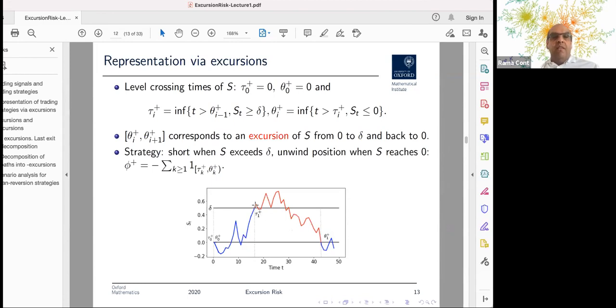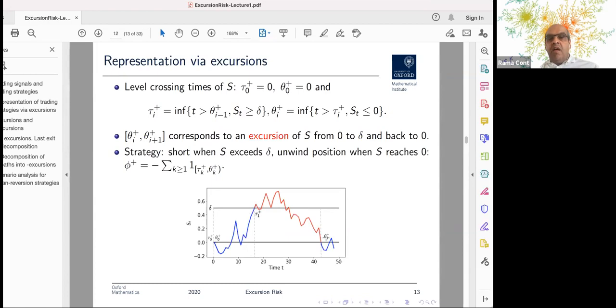To define the portfolio, you just need to define these level crossing times. Here's some notation. My signal is called S. I define two sequences of stopping times, tau k plus and theta k plus. So tau k plus is the first time after theta k minus 1 plus when the signal reaches delta from below.